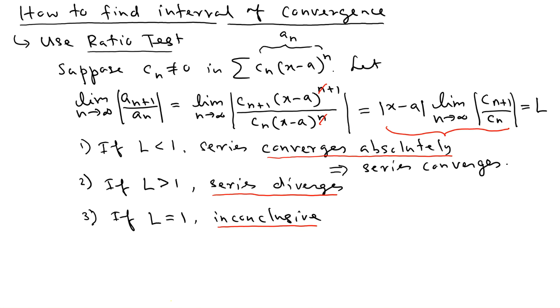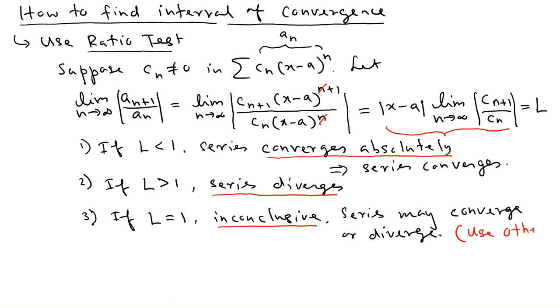That means a series may converge or diverge. So in that case, we have to use some other test. That's why sometimes we say the test can fail.